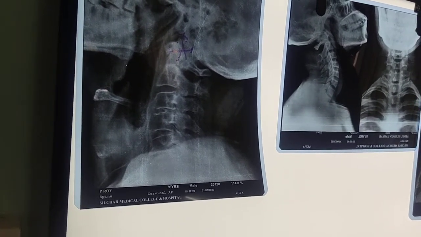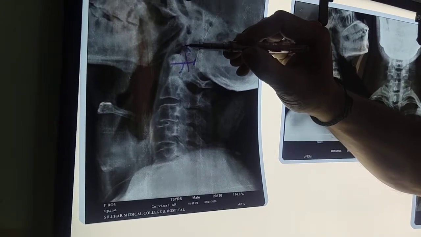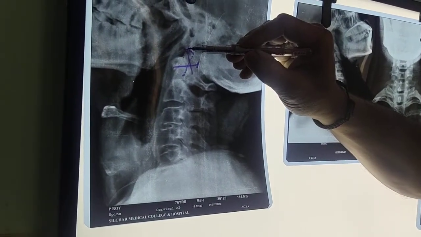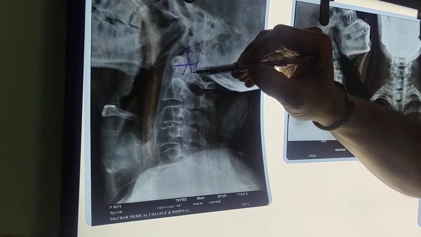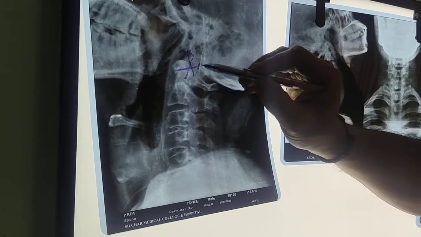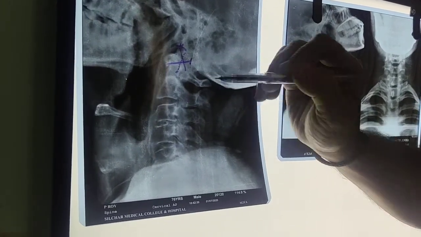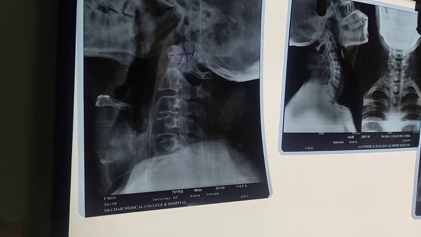One ratio is the Powers ratio. A line is drawn from the basion to the posterior border of C1 like this, right? Another line is drawn from C1 here to the opisthion here. They are supposed to have an intersection, and this ratio is 1:1.